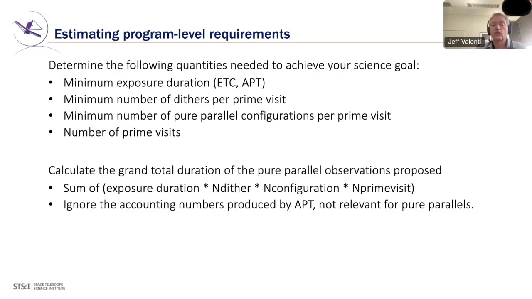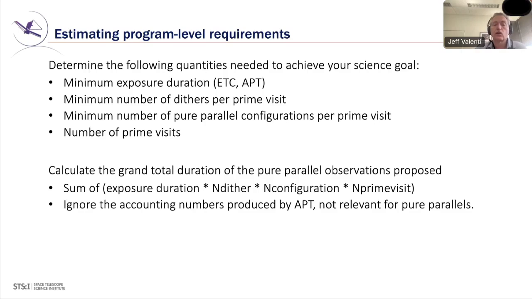You need to figure out the minimum exposure duration that you need for any given exposure. ETC will be the main thing there. APT will allow you to see the allowed readout patterns and number of groups, what that exposure time, the approximate exposure time that ETC says will provide you the signal to noise you need, what it would actually wind up being once you specify it in APT.